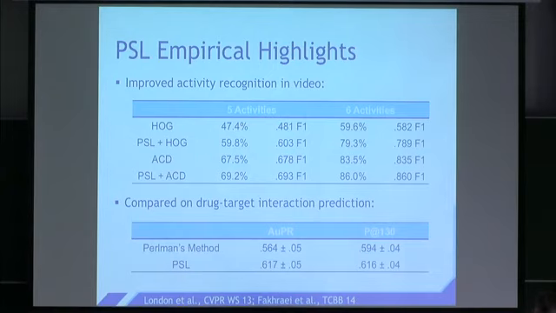And then on drug target prediction, again, we can compare to state of the art, and we're able to beat it. And we use PSL as the fusion that fuses together a bunch of existing techniques and models of dependencies.